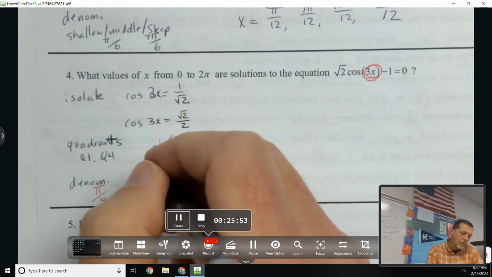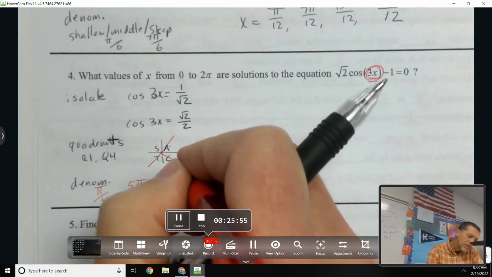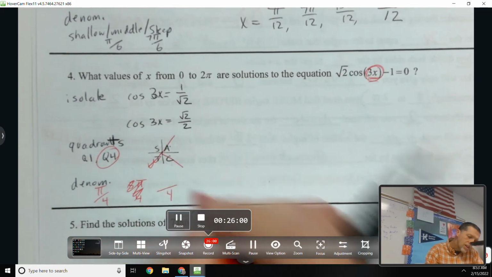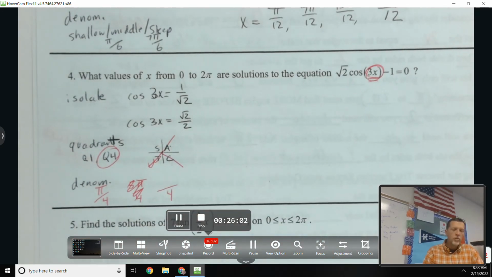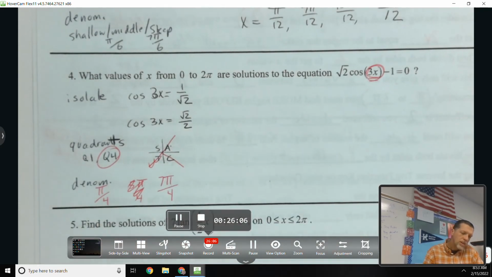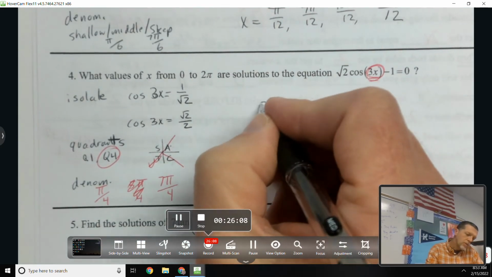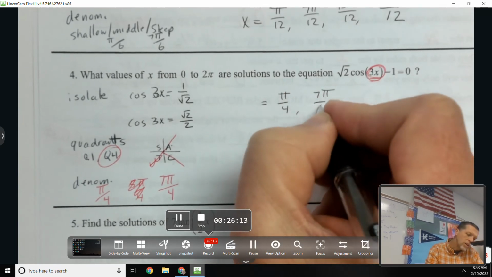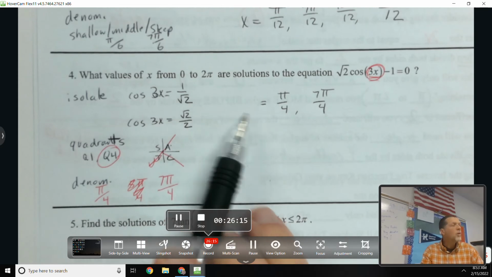Like, why is he drawing in quadrant 3 when he said quadrant 4? So over 4 in the fourth quadrant would be 7 pi over 4. So something equals pi over 4 and 7 pi over 4. But what equals pi over 4 and 7 pi over 4?